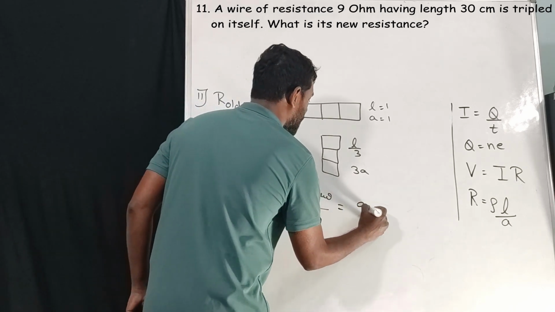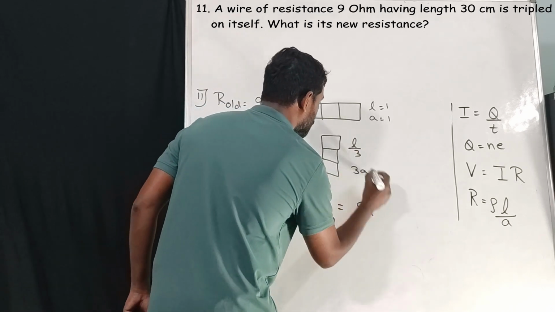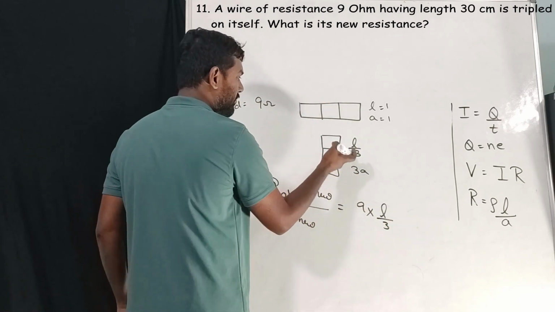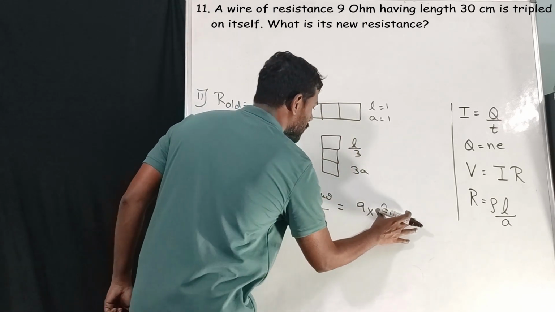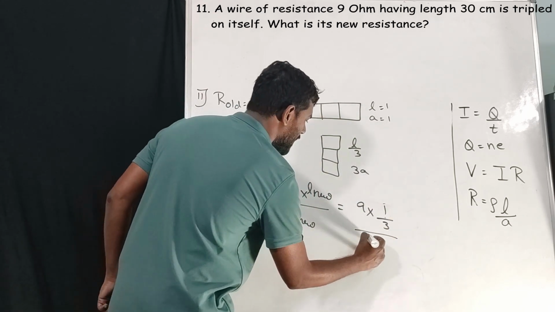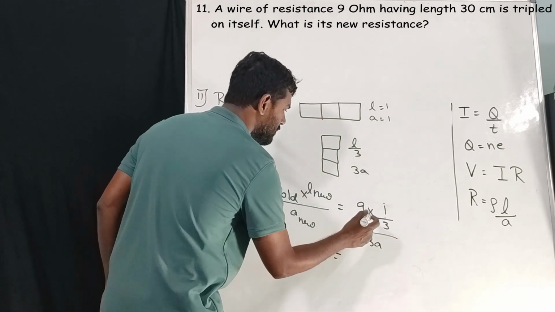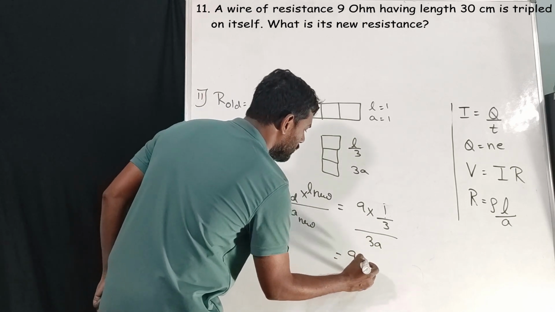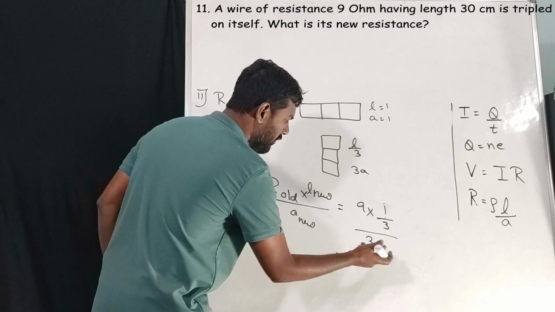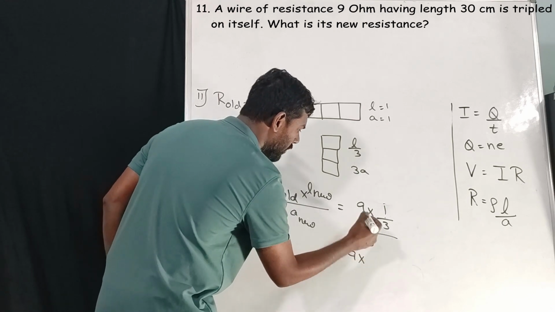Old resistance is equal to 9, new length is equal to L by 3. If we know or we don't know the value, assume it as 1 length. Now area 3A. So listen, 9 into, area also we assume as 1, so 3 into 1 will get 3. 9 into 1 by 3, right?